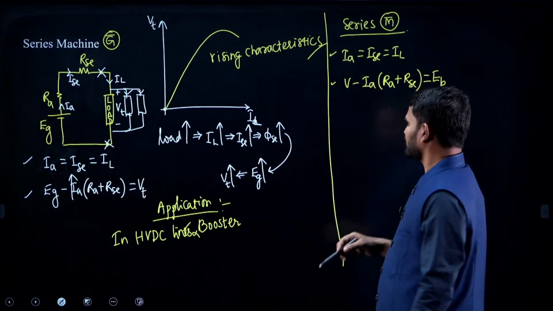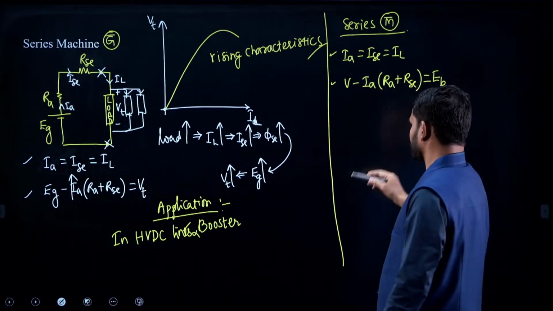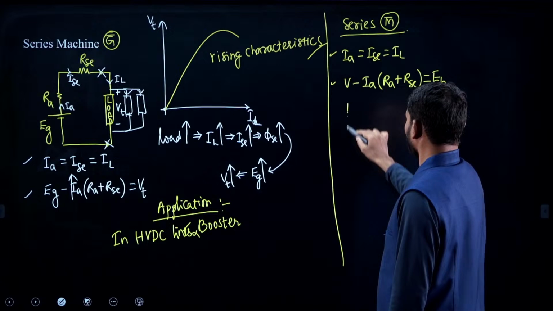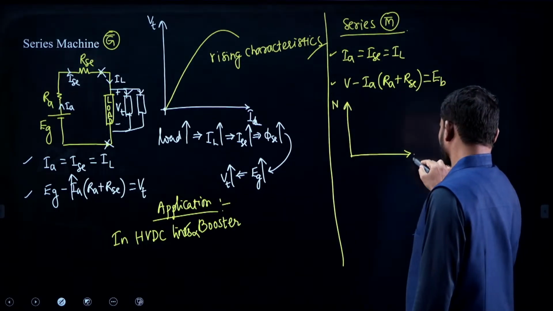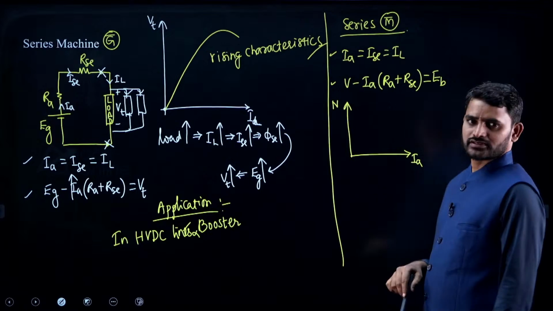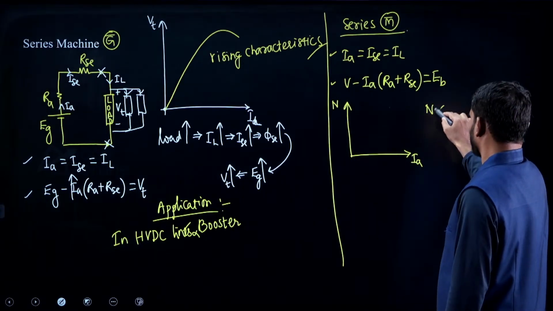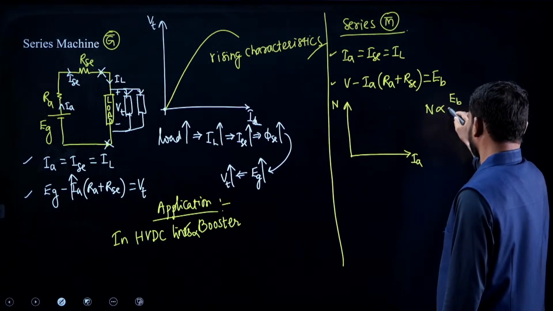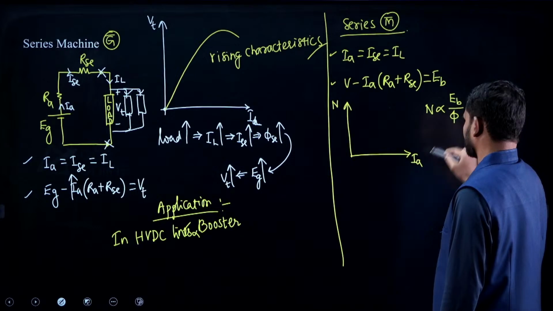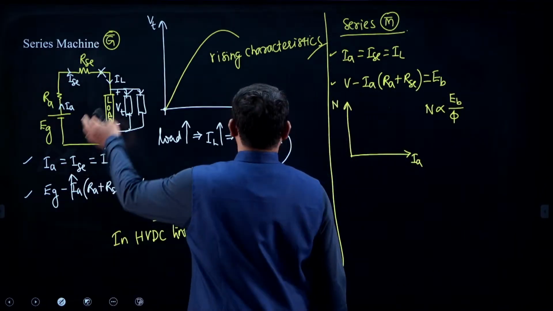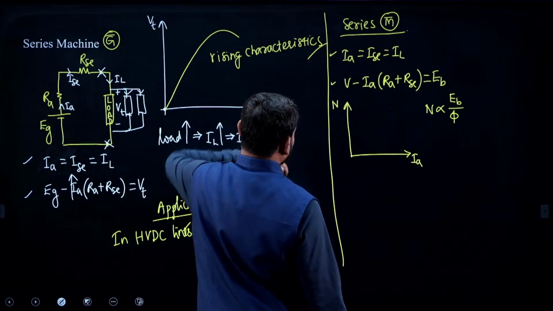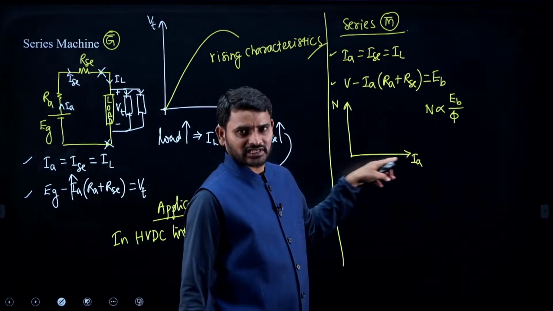Now if you see the characteristics, speed versus armature current characteristics. Okay. We know speed is directly proportional to back EMF and inversely proportional to flux. Do you call a series motor a constant flux motor? If the load changes, armature current changes.